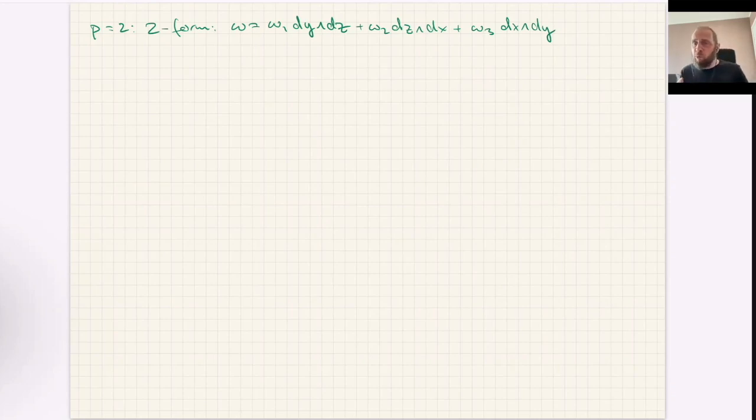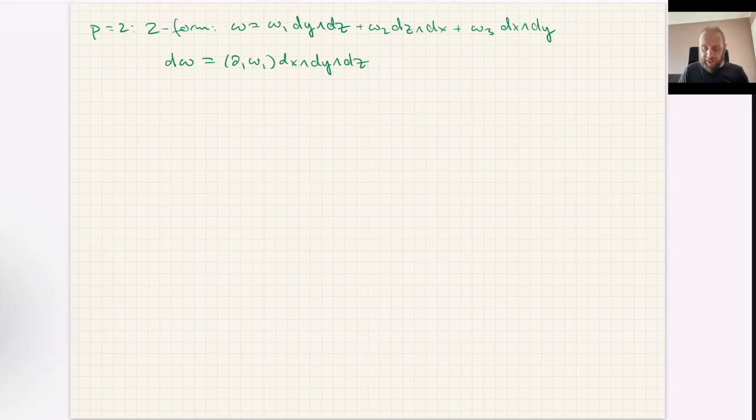Now there is only one derivative that I can act here and wedge in the corresponding coordinates in each of the terms. So for the first term here, if I wedge in anything but the x, it's going to be 0, because I already have a dy and dz. So the only thing for the first term that's left is d1 omega 1 dx wedge dy wedge dz.